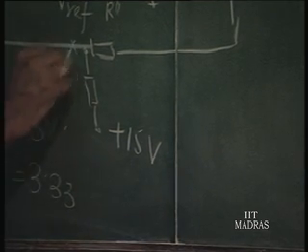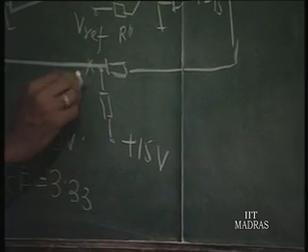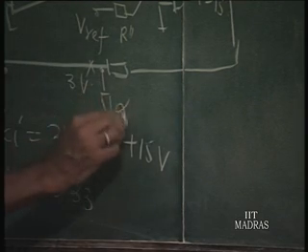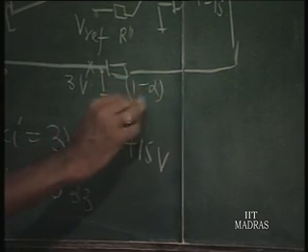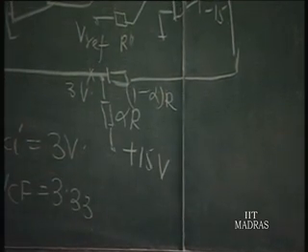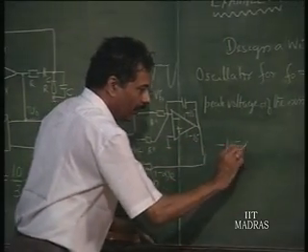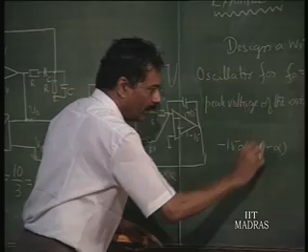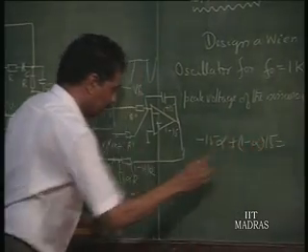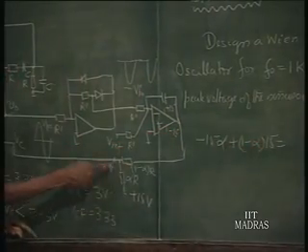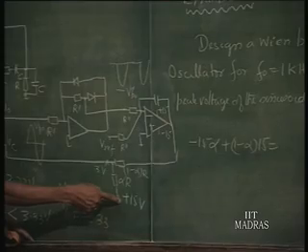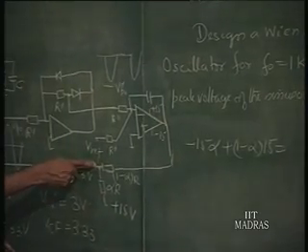So, this voltage becomes 3 volts initially. That means this is alpha R, this is 1 minus alpha times R, an attenuator. So, the voltage here is minus 15 into alpha, plus 1 minus alpha into 15. Minus 15 into alpha comes here, and due to this plus 15, we have 1 minus alpha times that.